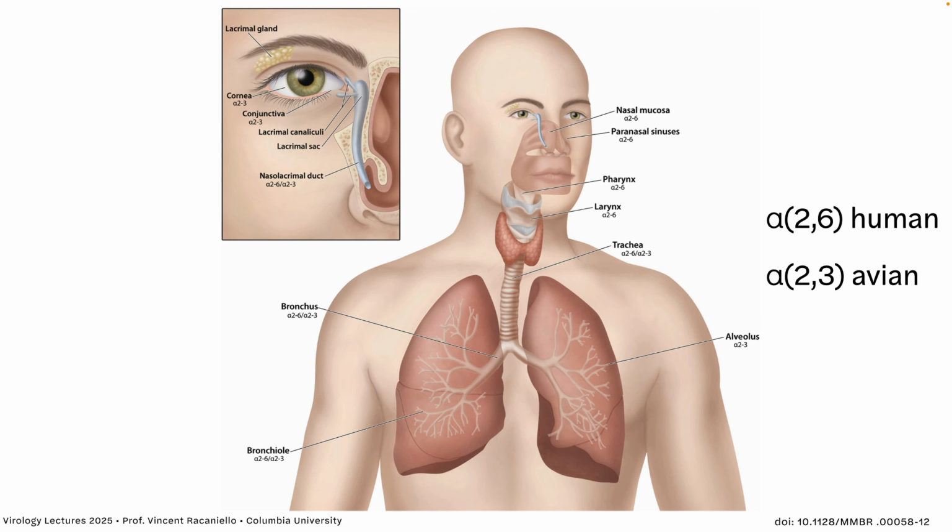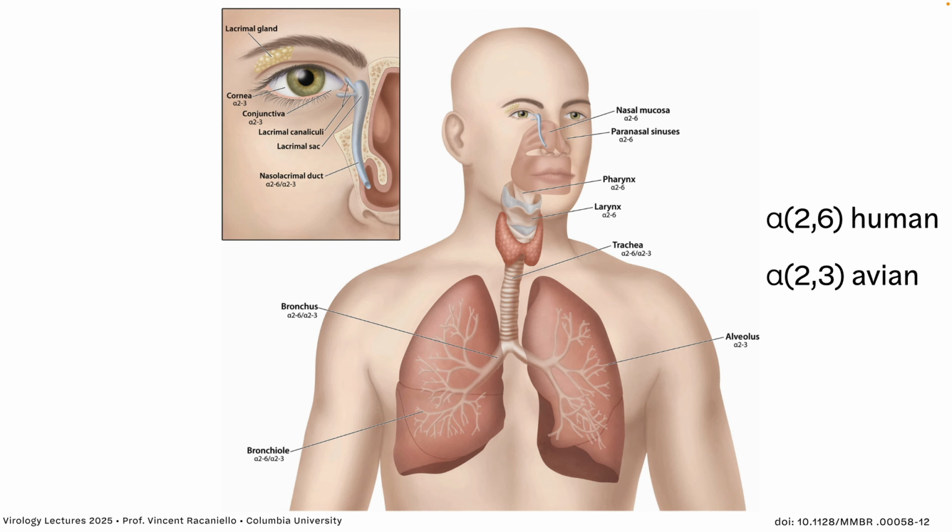It's only when you get to the trachea do you start to find alpha-2,3, and then you find alpha-2,3 in the bronchi, the bronchioles, and the alveoli as well. And so you're inhaling the virus and getting infected in the upper tract. So avian viruses have a hard time doing that. It's usually human viruses that will start an infection.